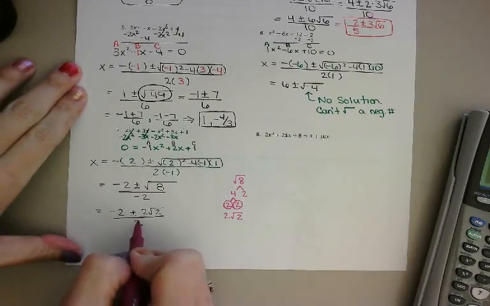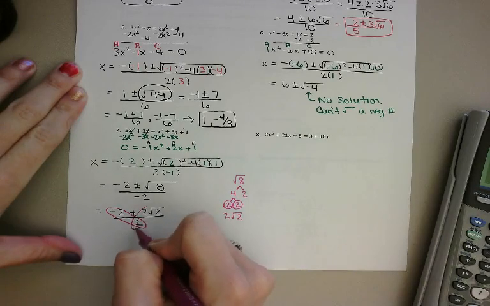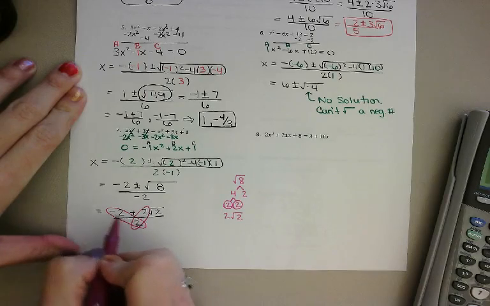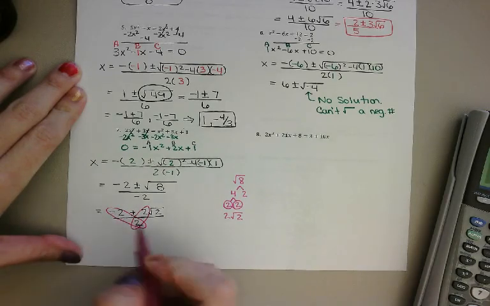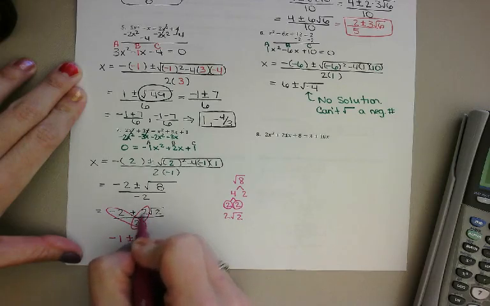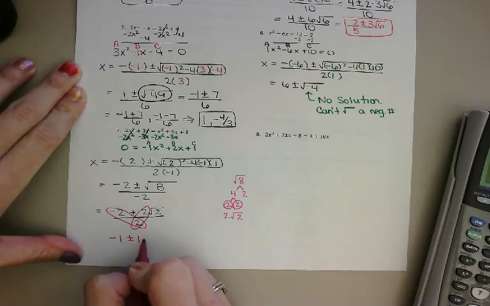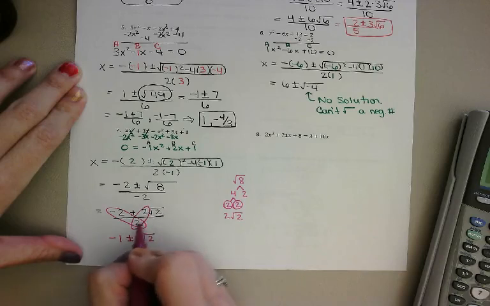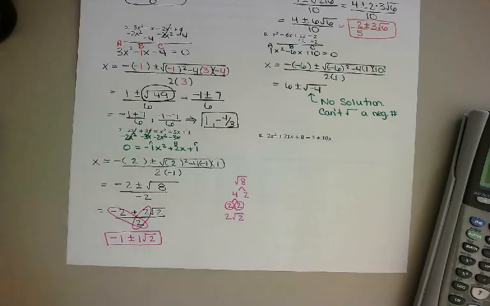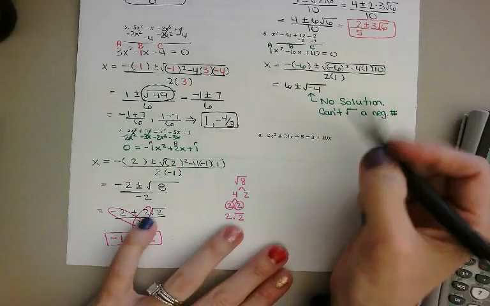So you need to reduce. This can reduce as well as that. So negative 2 divided by 2 is negative 1. 2 divided by 2 is 1. And then the root 2, that doesn't reduce, because a 2 and a root 2 are 2 different numbers. So there's my final answer on that one.